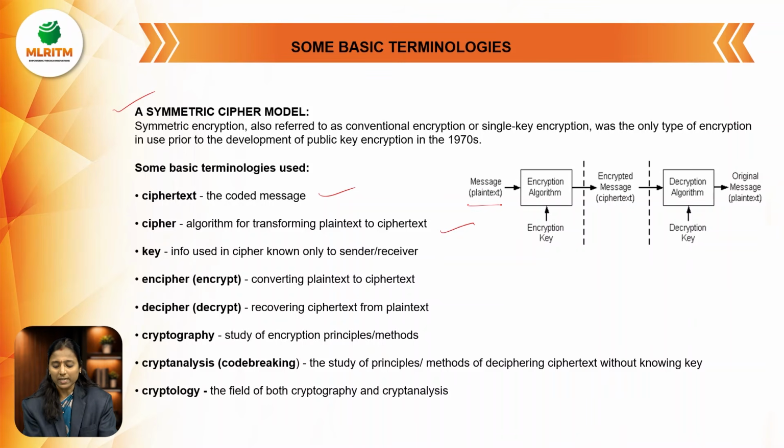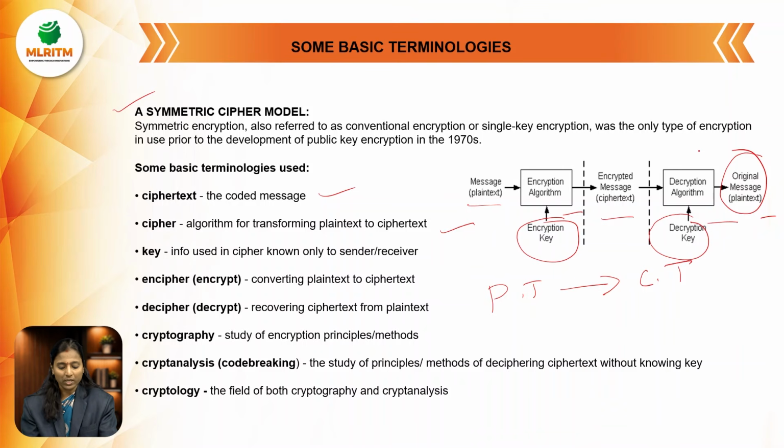Here this is the message, the encryption algorithm, the encrypted message, the decryption algorithm, and the original message. This means the plain text is converted to the ciphertext using the encryption key. Then after decrypting with this key, only the original message will be displayed. This is the transformation of plain text to ciphertext.